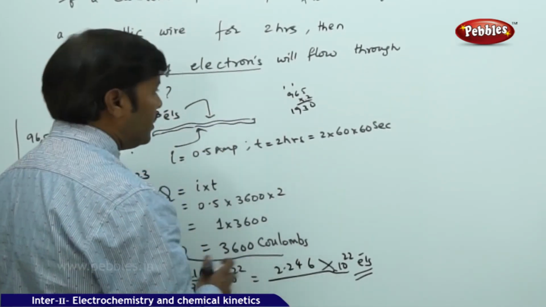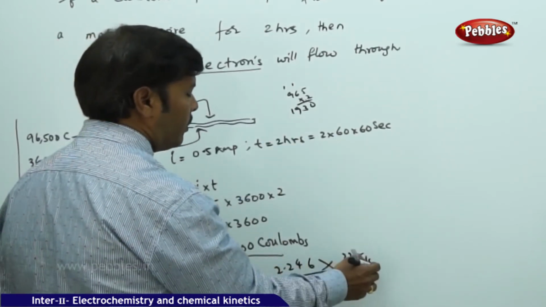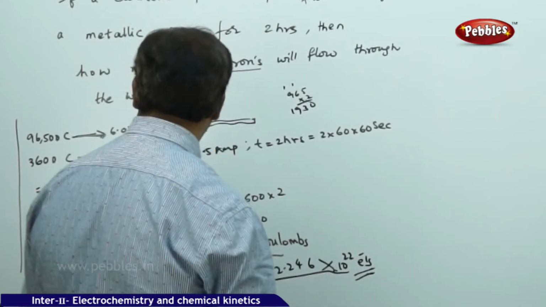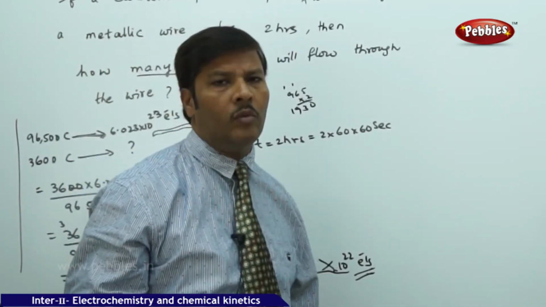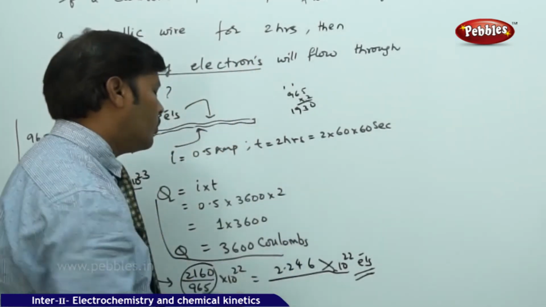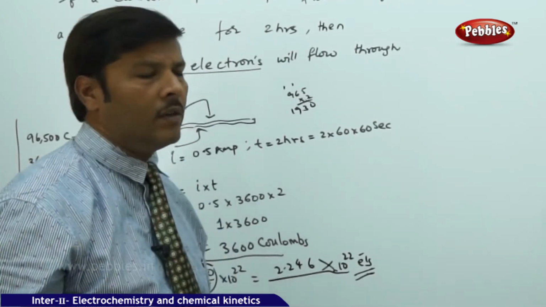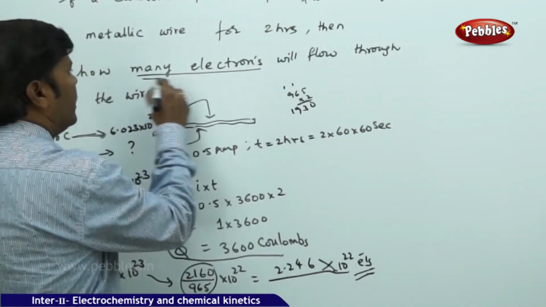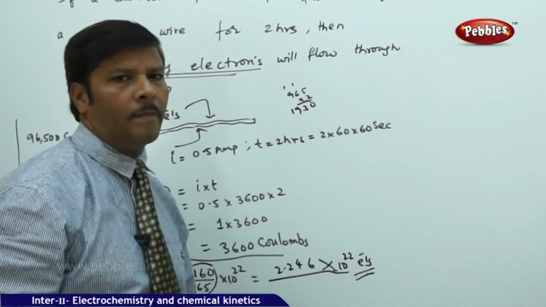Upon simplification of this step, 2.246 into 10 to the power of 22 electrons will flow through the conducting wire by passing 3600 coulombs of electricity. That is what we are trying to calculate here, the number of electrons flowing through the wire.